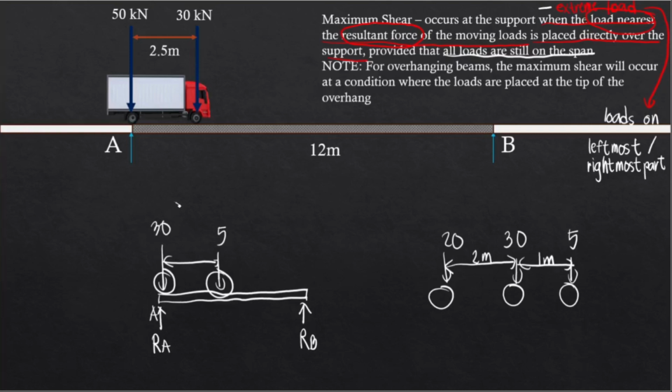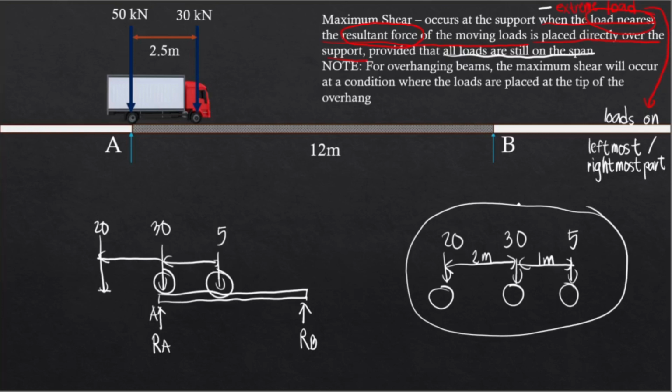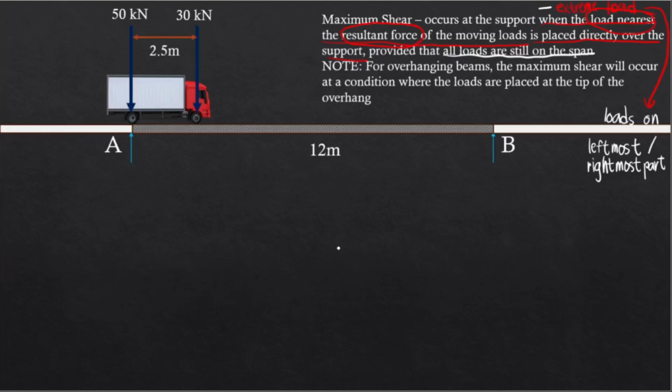Now, although the largest load is directly over the support at A, the 20 kN load will actually be outside the span, and so it won't be included in your calculation of the maximum shear, and therefore, your maximum shear will be lesser. And so that's why we're always interested in the extreme loads, so that all of the loads moving along the span will be taken into account. And so this is something you have to remember. I will just include an example for this one.